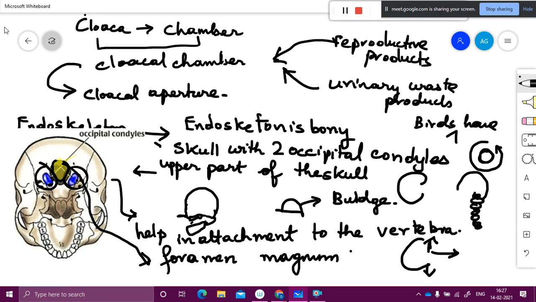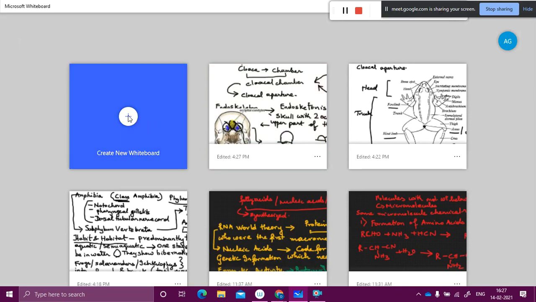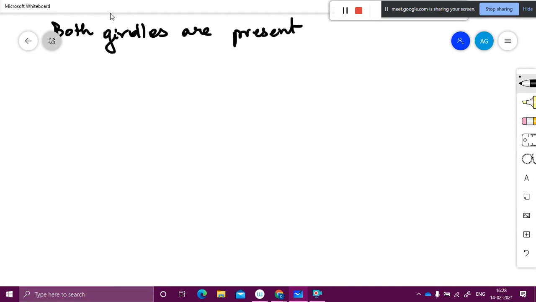So this is another character. They have got both the girdles present. So what are the two girdles which are present?